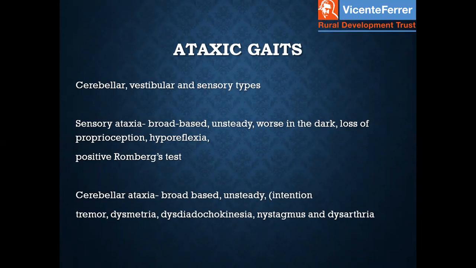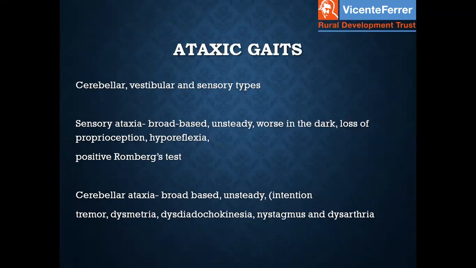So sensory ataxia will have a broad-based and unsteady gait, but worse at night time, so we should ask in the history, whenever there is unsteady gait, whether that unsteadiness is worsening during night times. If they give that history, then it favors sensory ataxia.